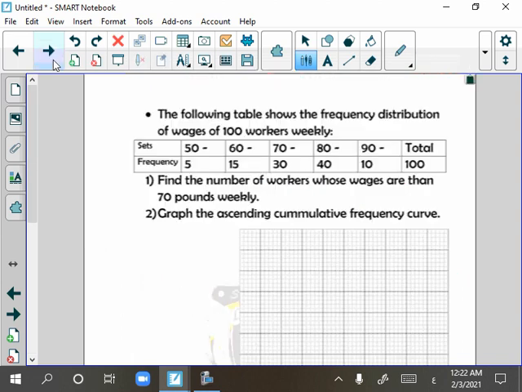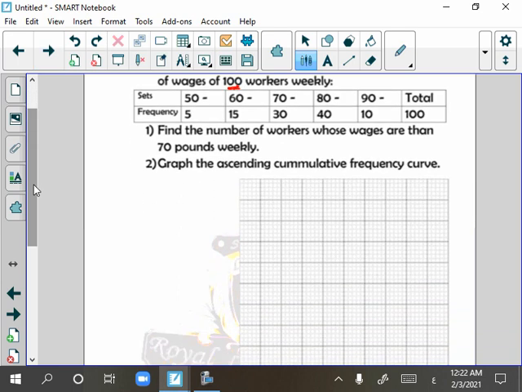The following table shows the frequency distribution of the weekly wages of 100 workers. The sets are 50, 60, 70, 80, 90, and the frequencies are 5, 12, 15, 30, 30, 40, 10. Number 1: find the number of workers whose wages are less than 70 pounds weekly.